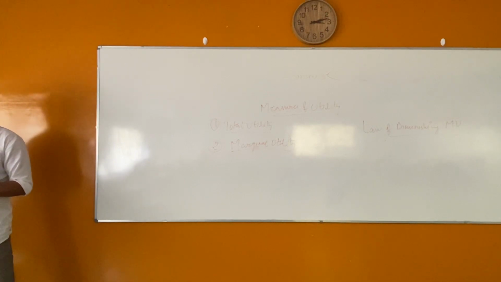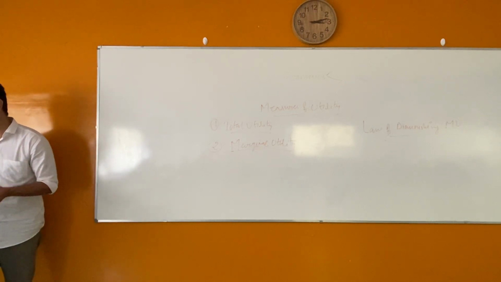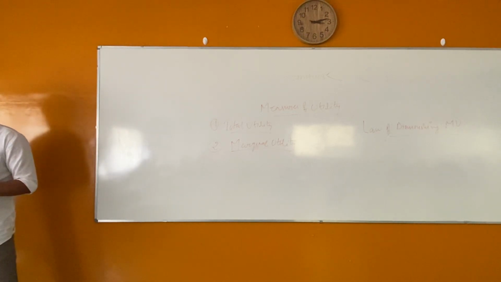We are consuming only one commodity here. So it means that with each additional unit we consume, there's a decline in the marginal utility.